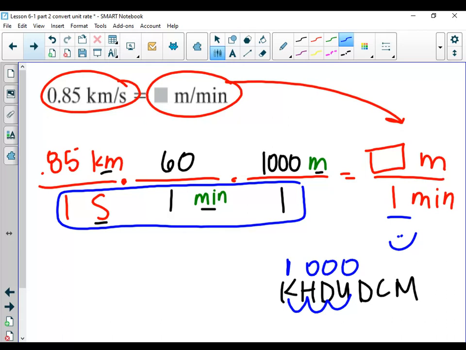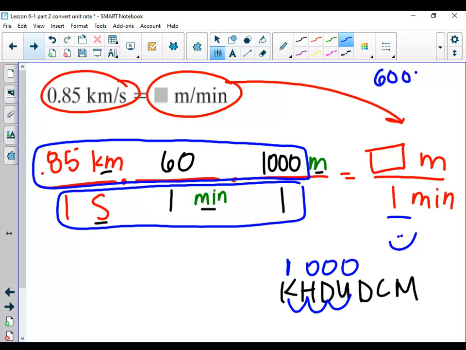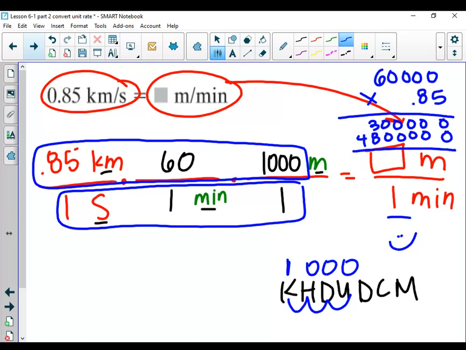On the top, 1,000 times 60 times 0.85. Five, 1, 0, 0, 0, 0, 0.